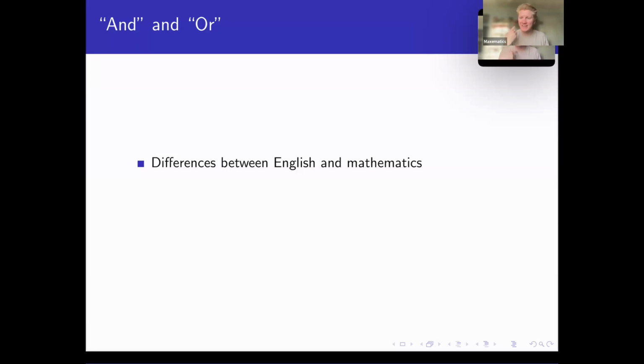If we're talking about English, if we're speaking to each other, not in a mathematical sense, of course, because most people don't do that, let's say I'm going to my friend's house Friday and Saturday. What does that mean to you? That means that I'm going to my friend's house on Friday as well as Saturday.